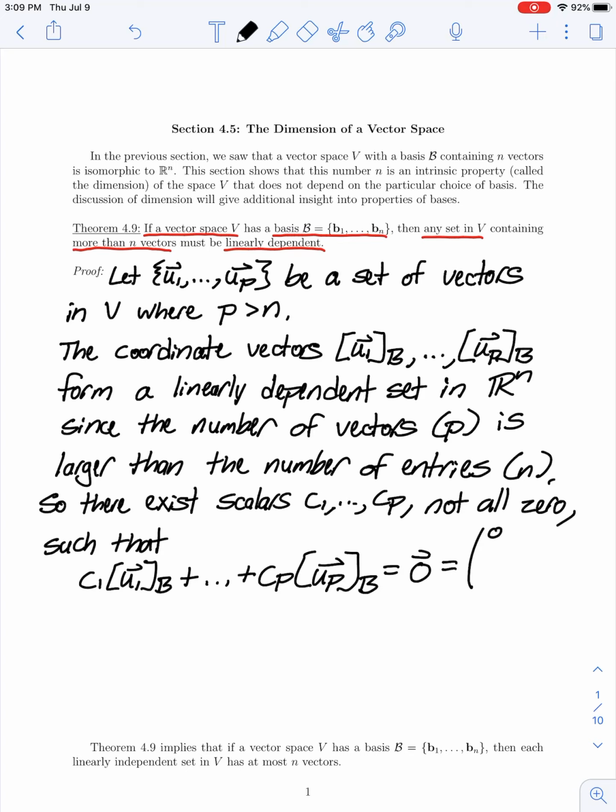So here we're looking at a vector of n entries which are all 0.